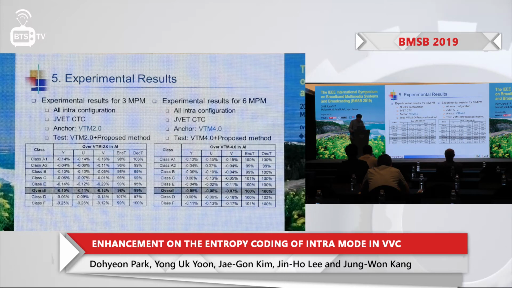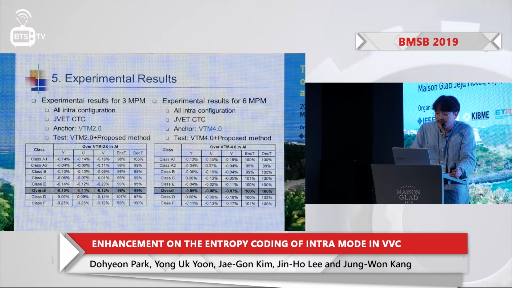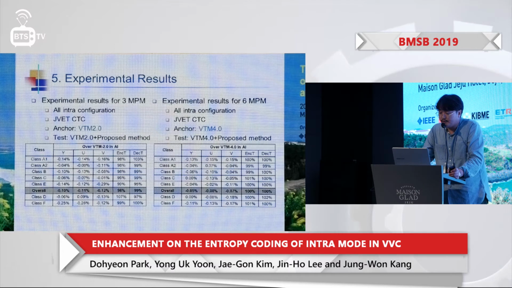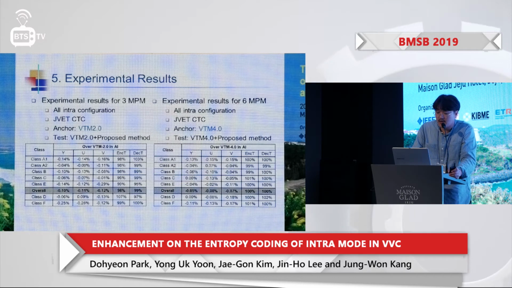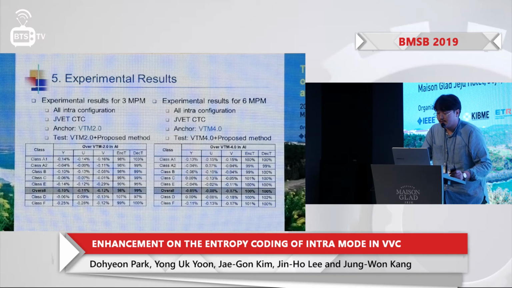Each numerical result of the bit rate is the average result of the class-specific sequences for 4 QPs of 22, 27, 32, and 37. Our experimental results are compared over the anchors of VTM2 and VTM4 respectively.